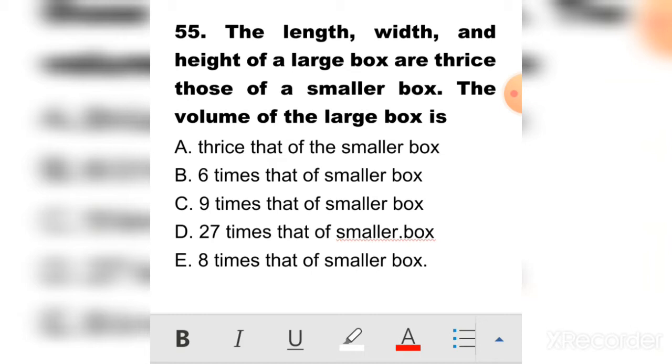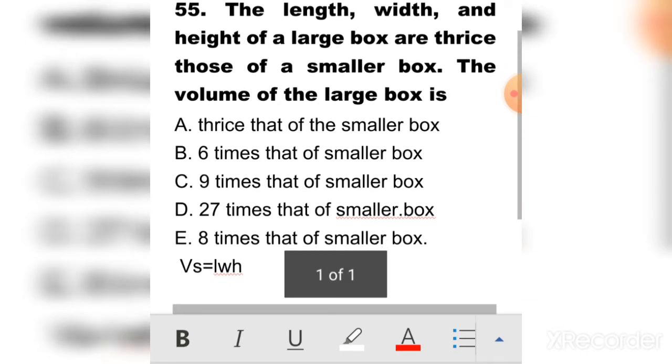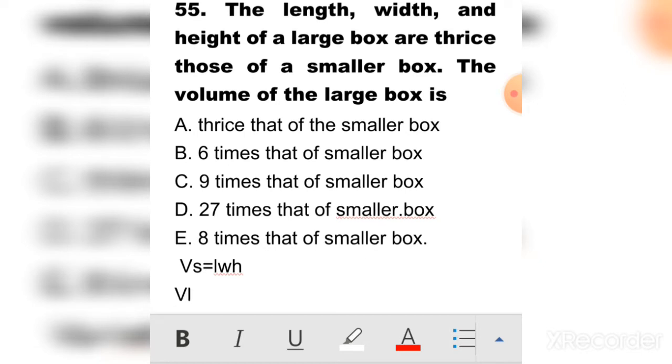Okay, so volume. What is the formula for volume of the box? So V is equal to length times height times width. So if the smaller box has a volume of length times width times height, then the volume of the large box is equal to thrice the length of the smaller box times thrice the width of the smaller box times thrice the height of the smaller box.